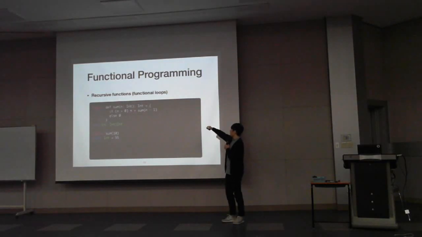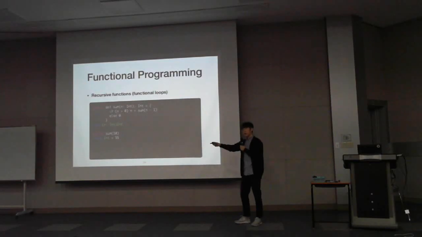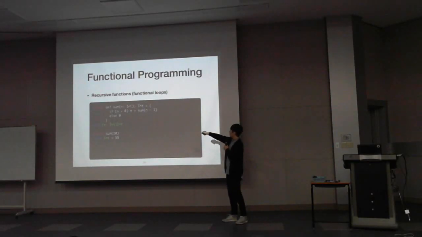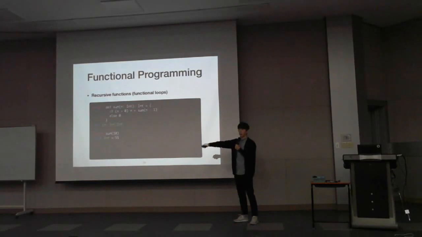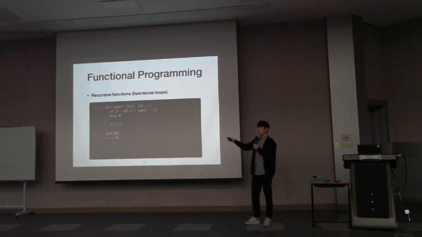So 10 plus summation 9 is also 10 plus 9 plus 8 plus 7 and so on, and when n is 0, then it is just 0. So it calculates 10 plus 9 plus 8 plus and so on down to 0. So it returns 45. So it is loops in functional programming style.